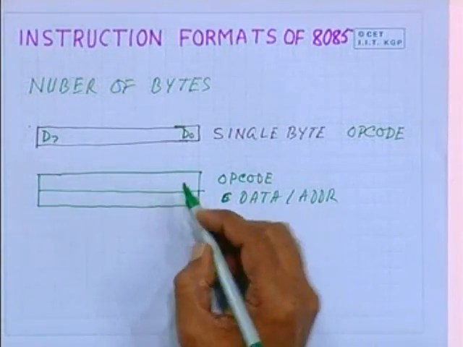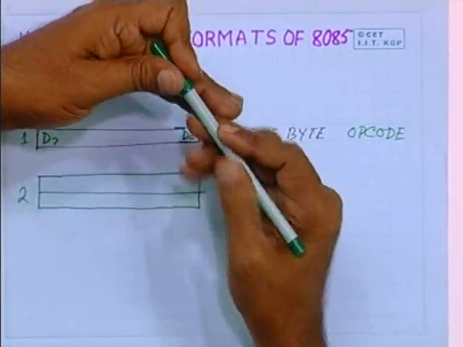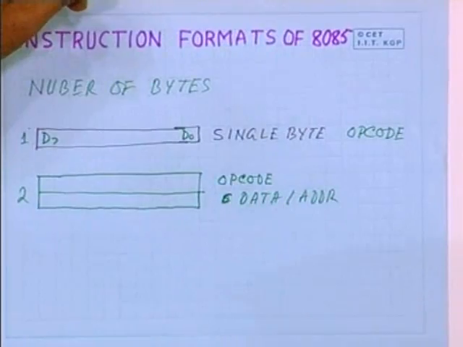So in this case it is 1 byte, in this case it is 2 bytes. There are some instructions where it will have 3 bytes.